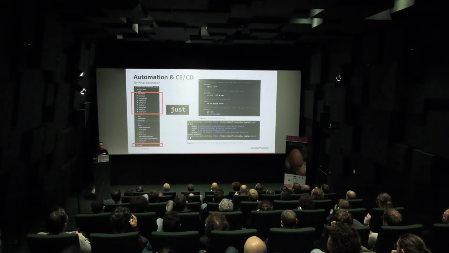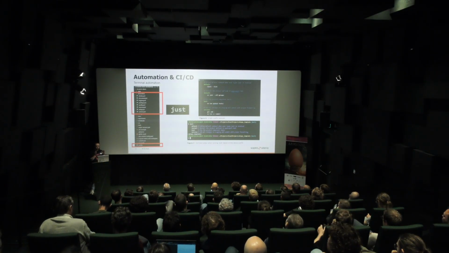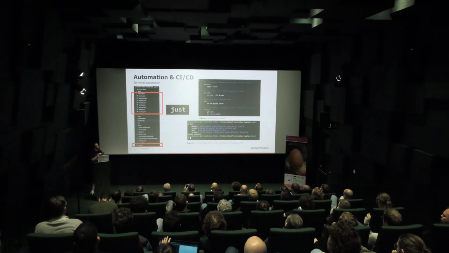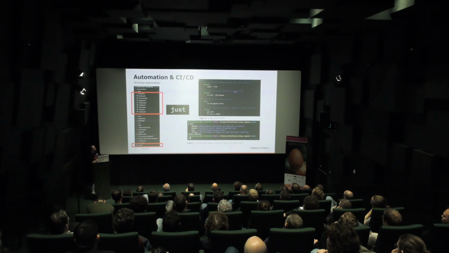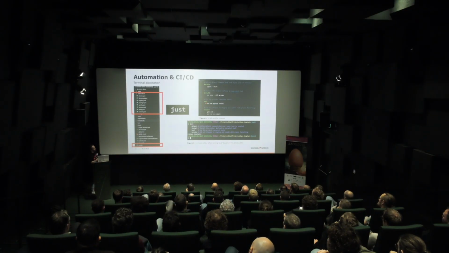Just allows you to, within the justfile, create a bunch of commands where if you run just install, it will automatically run uv sync all groups for you. Or if you run just test, it will run uv run pytest test.